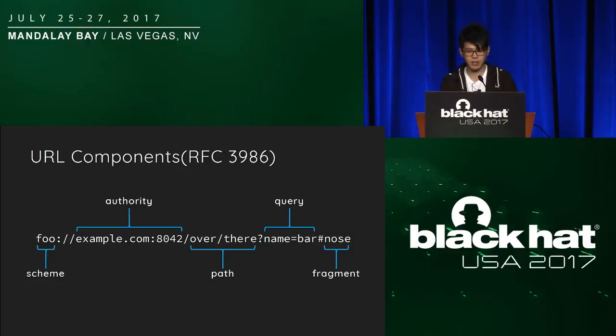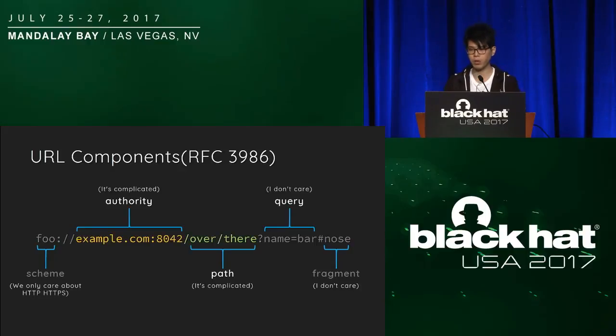These are the URL components defined in RFC 3986. There are totally 5 parts: scheme, authority, path, query, and fragment. And this is what we will cover today: the scheme, authority, and path.